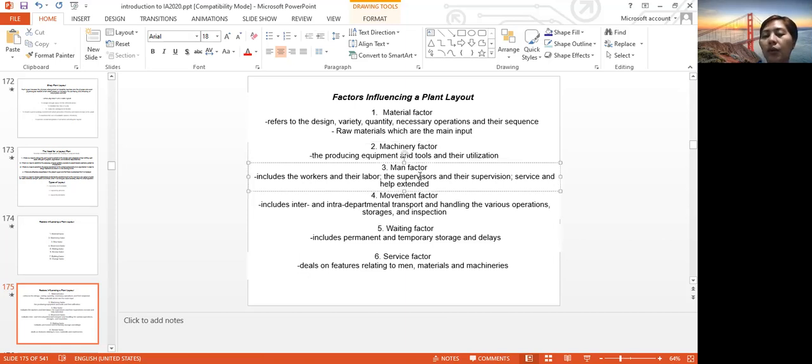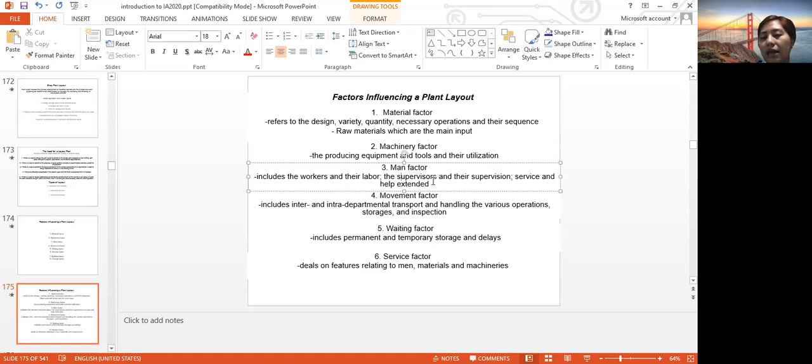Okay, so the third is the man factor. This includes the workers under labor, the supervisors under supervision, service, and health extended. So in making a plant layout, we need to consider the different rooms and offices of that shop. Who are the persons? What are their positions?